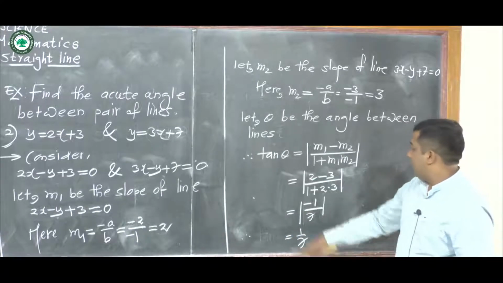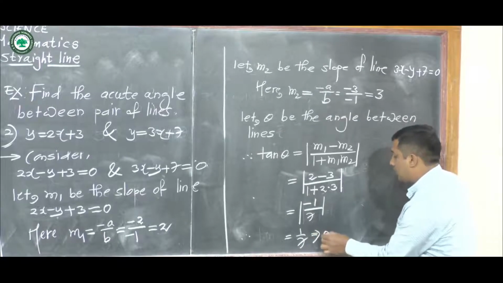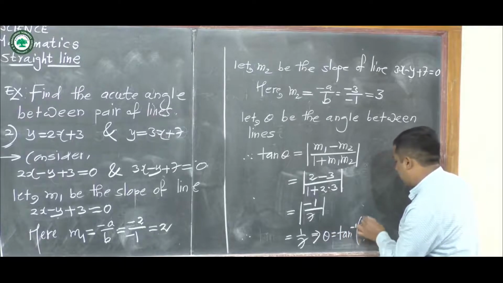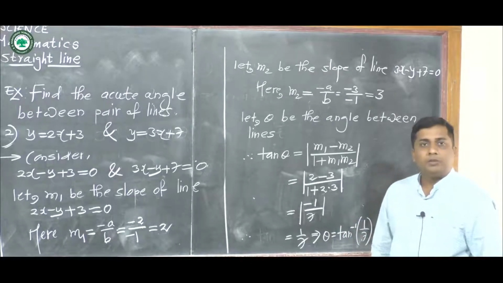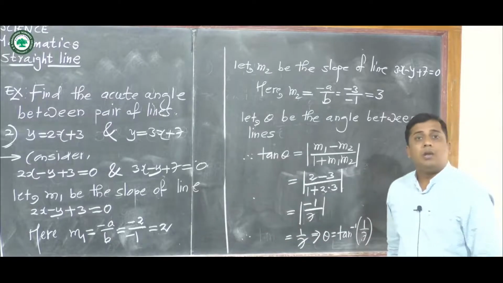So we get tan theta is equal to 1 upon 7. We have to find theta only. So theta is equal to tan inverse of 1 by 7, and this is the angle between these two lines.